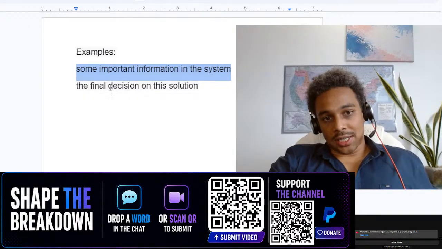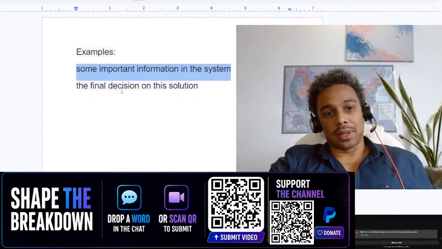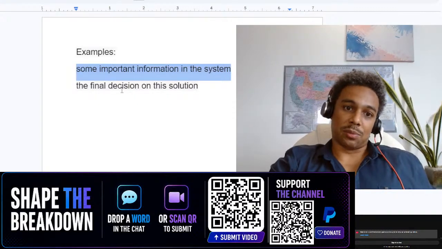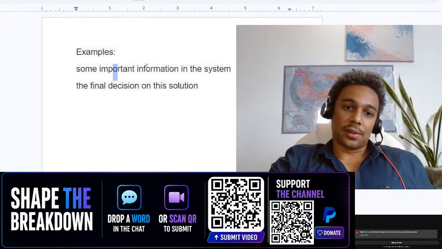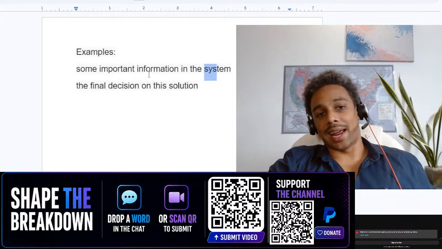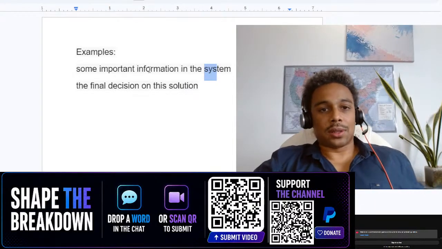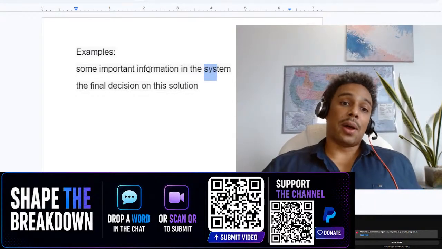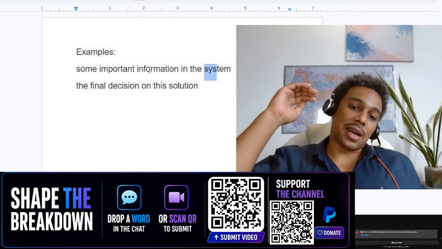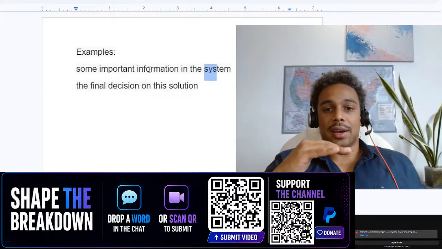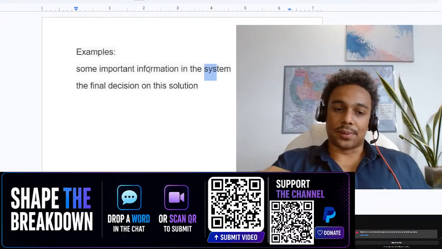So the change that I would make here would be with the unstressed syllables. So if we first identify which parts are important, right here: important, information, system. These are the parts that we need to stand out. So we don't want the rest of the sounds to get in the way. We want it to be obvious when it's important and obvious when it's not important.